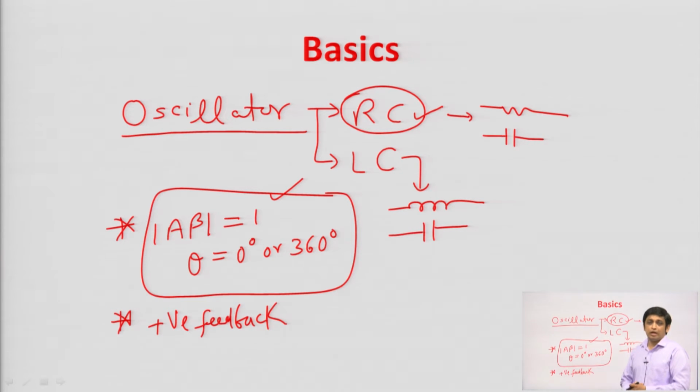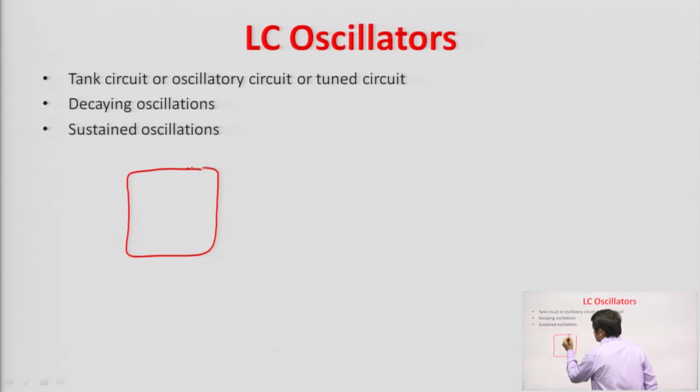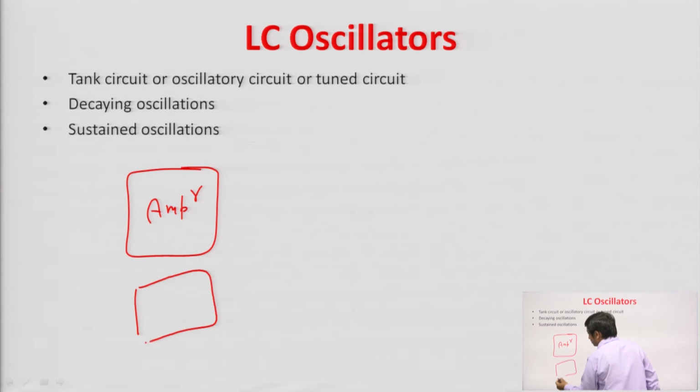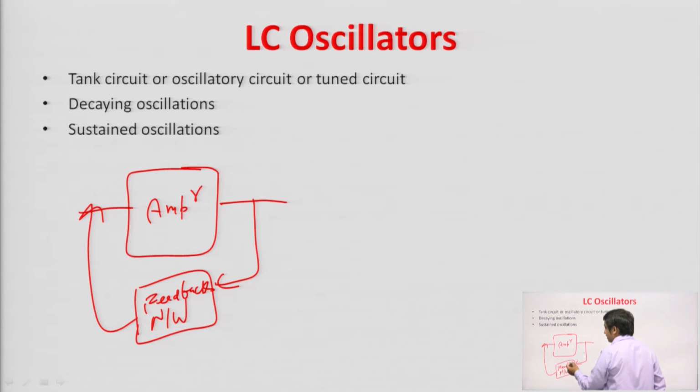Now, in an oscillator circuit there are two major parts. The first part is the amplifier and the second part is the feedback network. The phase shift provided by this feedback network totally depends upon the phase shift provided by the amplifier.